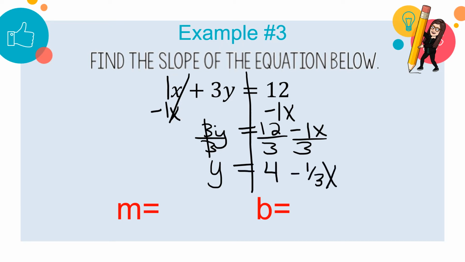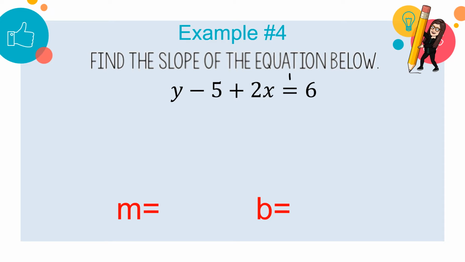So we're going to keep it as 1/3. Let's identify the pieces. The number in front of the x is my slope, my m. The number that's by itself is my b value. That's what's new today. That's what we're working on.